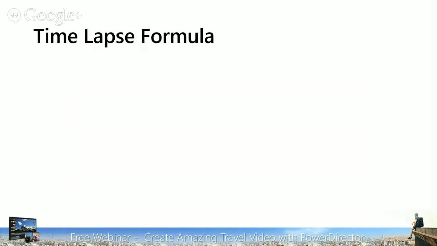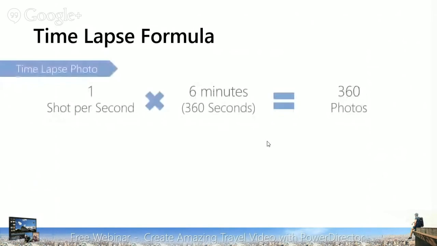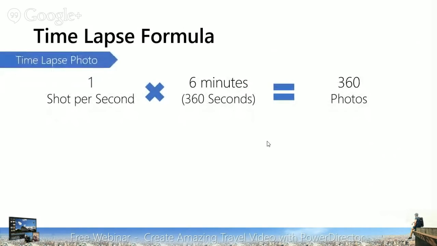As I explained, time-lapse is like fast-forwarding the video 30 times. The traditional way of doing time-lapse is taking a series of photos at a set interval. For example, if I take one shot per second, then in 6 minutes I get a total of 360 photos. Remember, it's all taken at one shot per second.